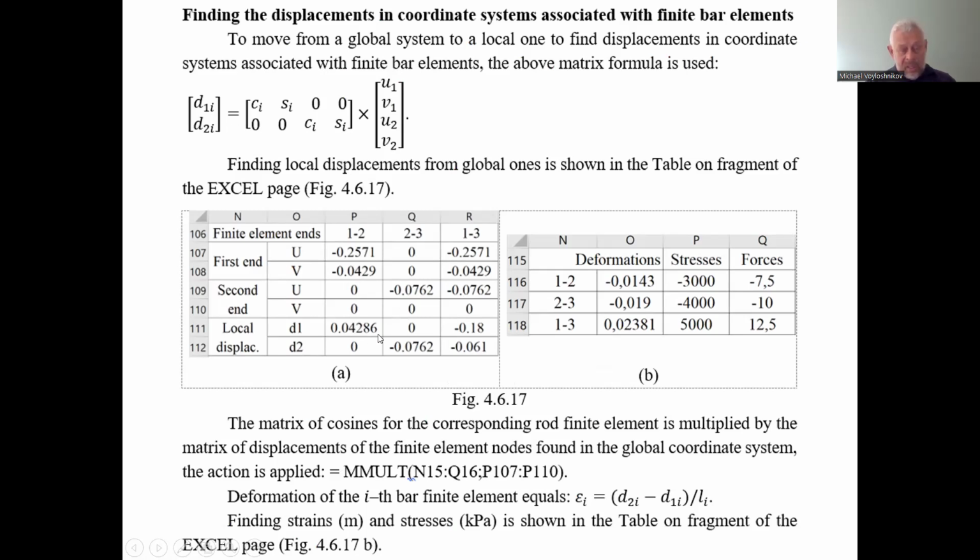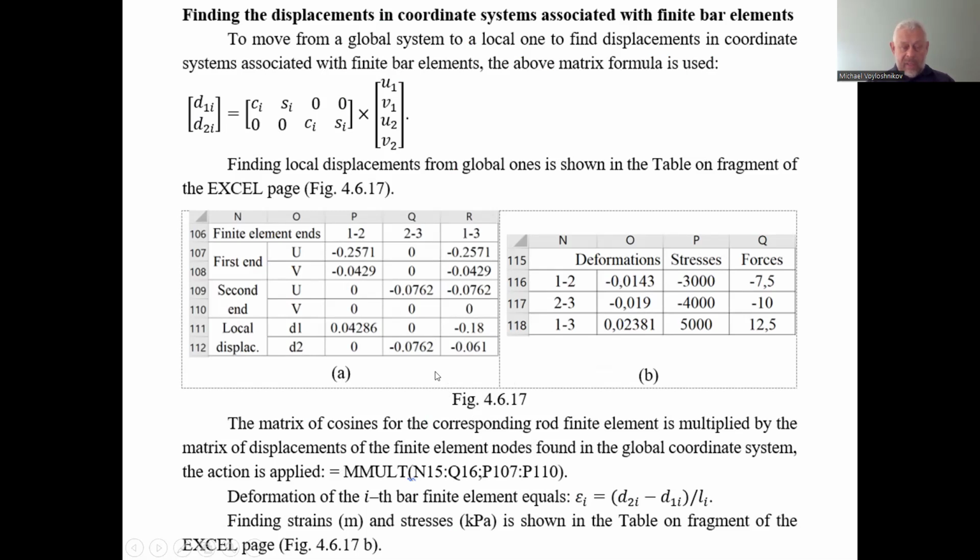And we got the displacements in the local coordinate system this way. These are the last two rows of the considered matrix on figure 4.6.17a. After that, we have to find the deformations, stresses and strains.